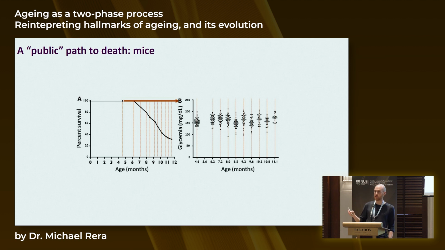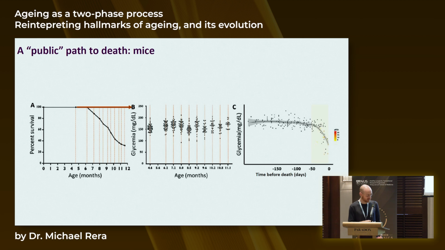But if instead of aligning all the data on the date of birth of individuals, you start realigning them on the date of death of these individuals, you start having a biphasic behavior of this parameter, with a first phase that lasts most of the life of individuals, where glycemia is pretty well controlled. And then within the last 40 days or so of the life of the individuals, the parameter is going completely off.